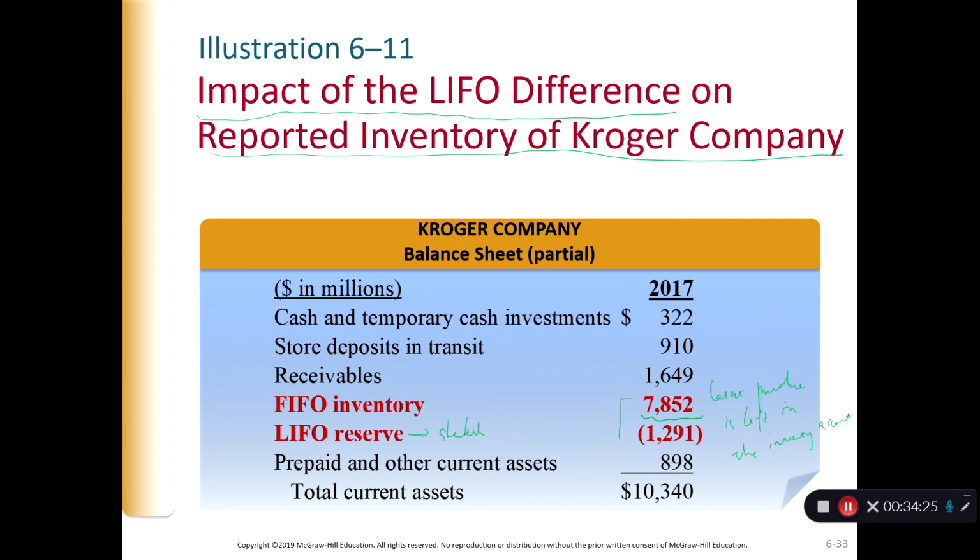So the LIFO total cost should be 6,561, but you also need to tell shareholders that you need to reduce 1,291 from the FIFO ending inventory to reflect the LIFO method. Okay.